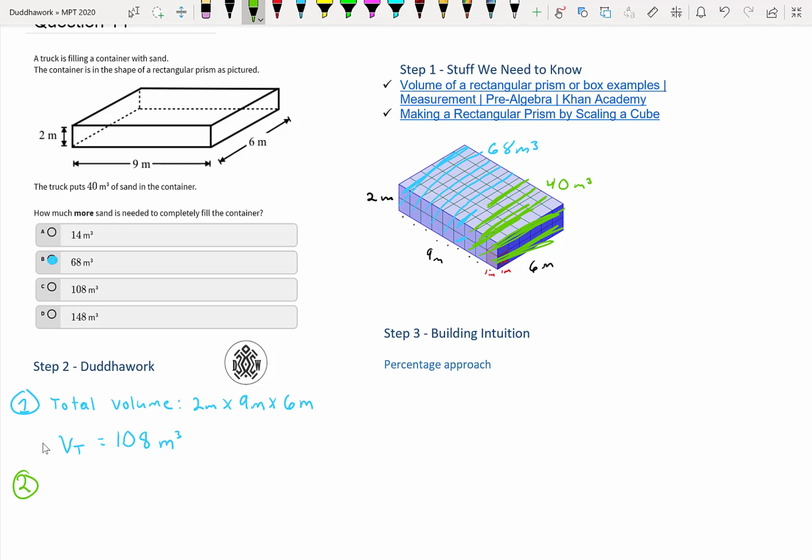So step 2, the remainder. What's the other volume? The truck volume. That would be 40 meters cubed. That's from the question. So I'll highlight it like this, 40 meters cubed.